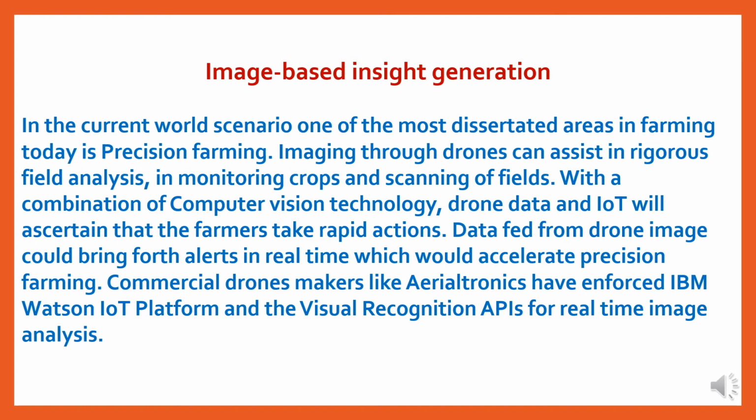Data fed from drone images could bring forth alerts in real time, which would accelerate precision farming. Commercial drone makers like RealTronics have enforced the IBM Watson IoT platform and the visual recognition APIs for real-time image analysis.